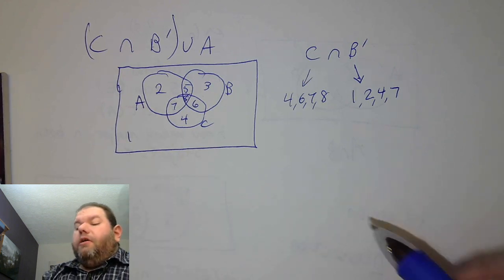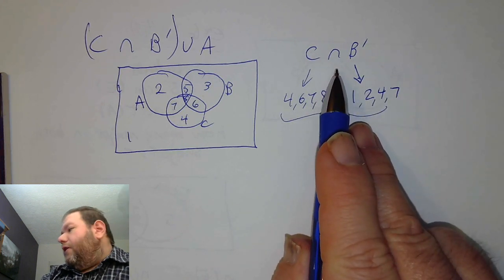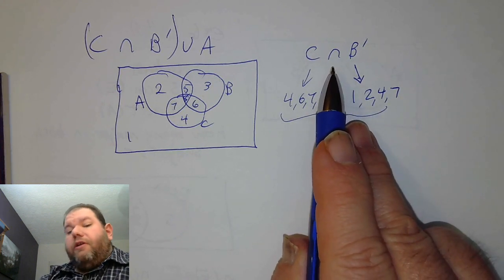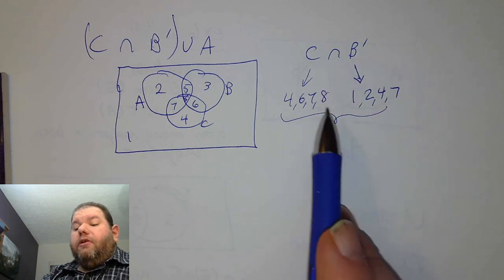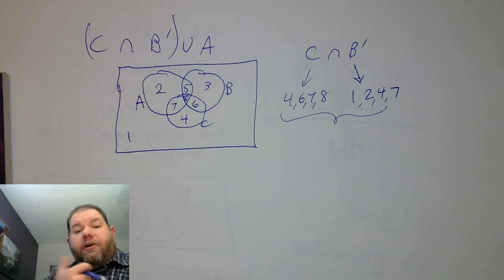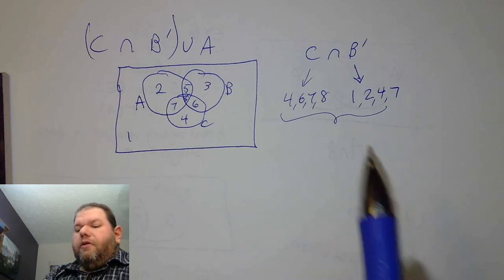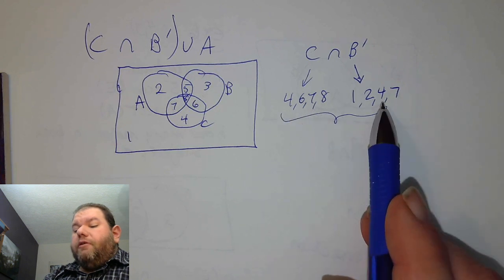Okay? And so now we need to resolve the fact that we're taking the intersection of these. So what would the intersection of these numbers be? What do they have in common, basically? They have 4 and 7 in both lists.